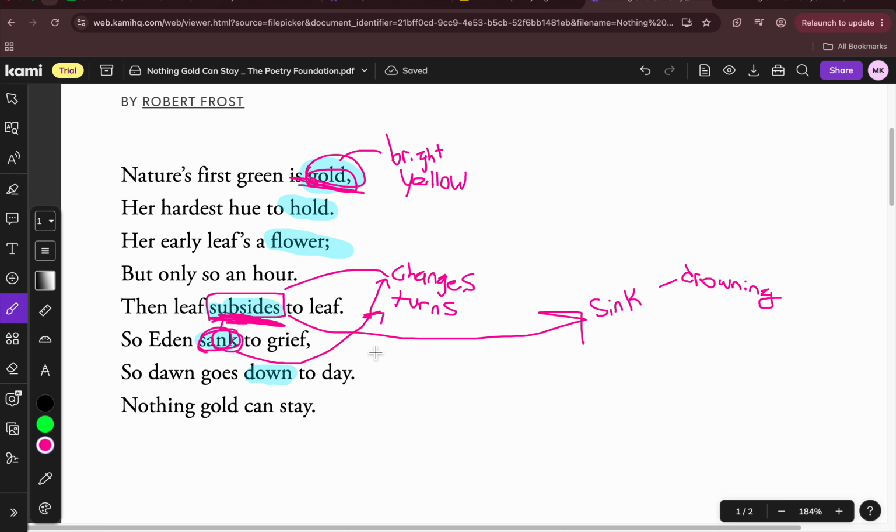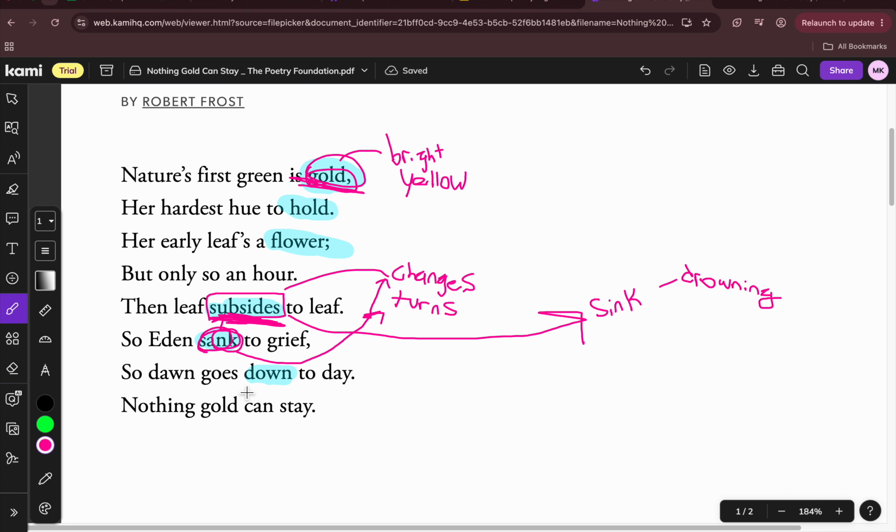Like you're in there, you are slowly sinking. Sank definitely implies a slow, heavy, irreversible drowning under this weight of grief, under this weight of sadness. It definitely matches the tone of inevitable loss.